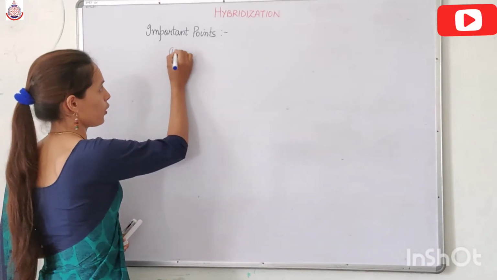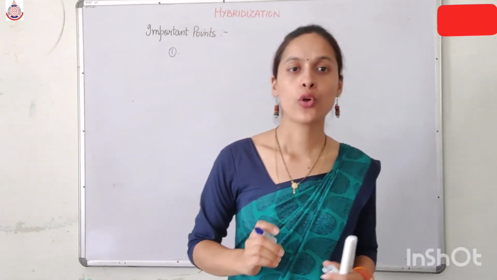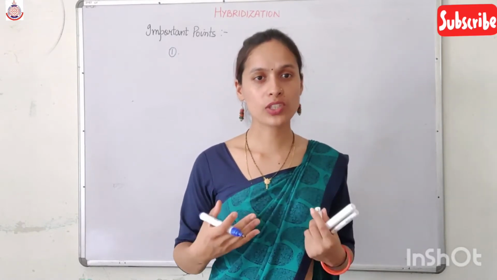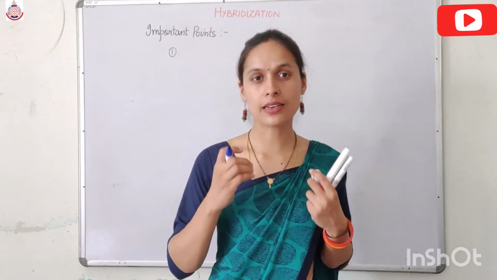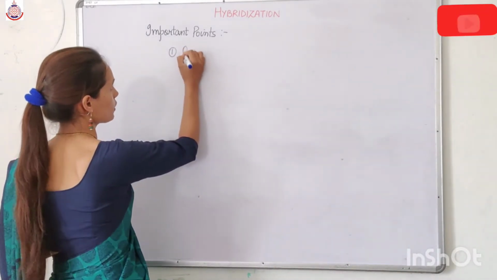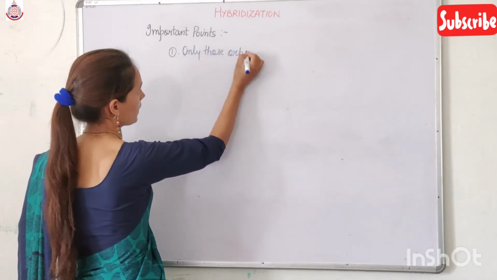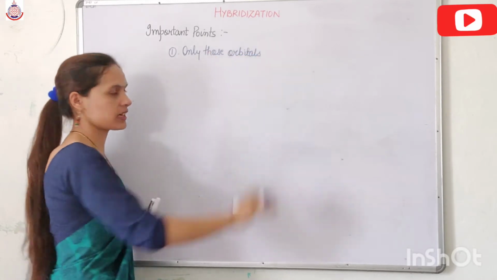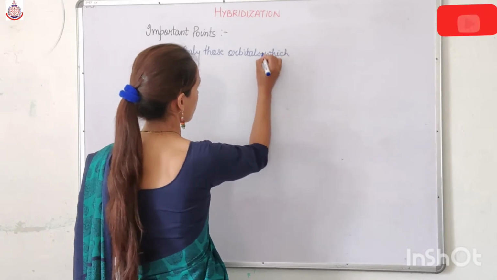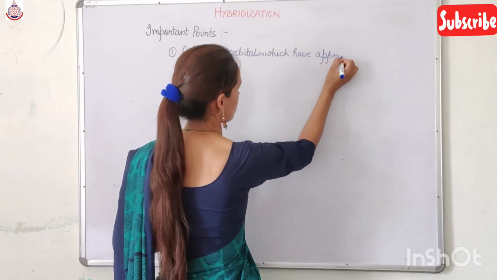First point is, only those orbitals will participate in hybridization which have approximately equal energy, or a very little difference in their energies.